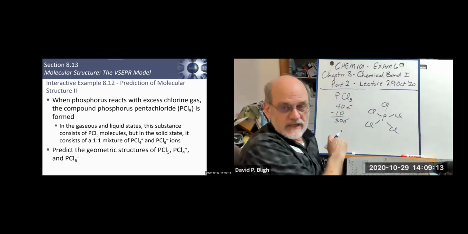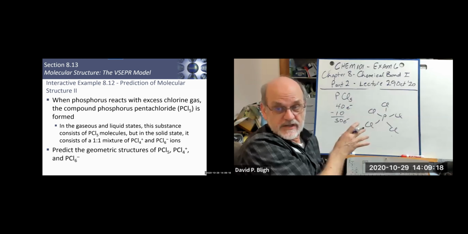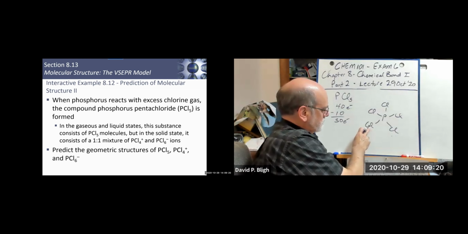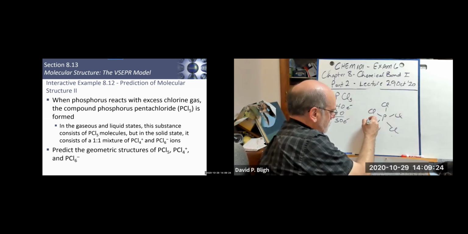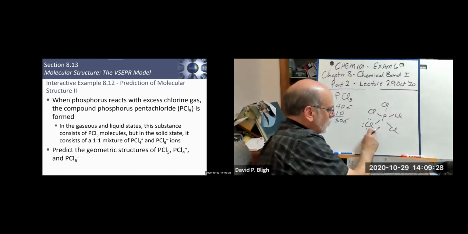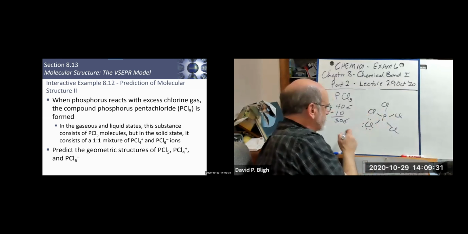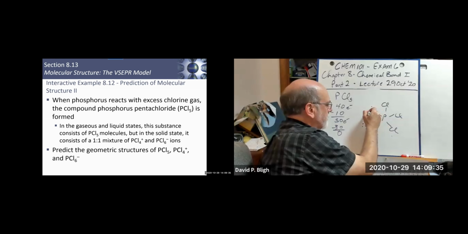How many more do we need on each chlorine to make an octet? Well, we've got 1, so we need 6 more, right? 2, 4, 6. Each chlorine is going to be the same. So 5 times 6 is 30. Use them all up.